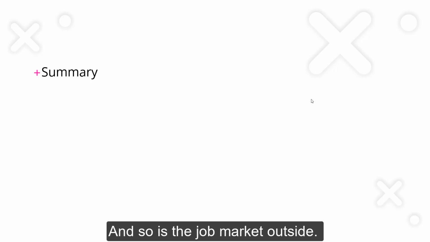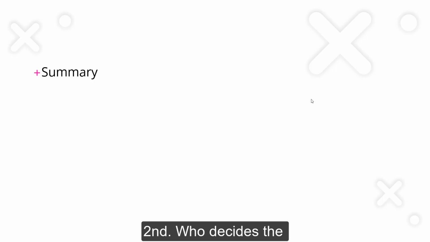And so is the job market outside in the world. So yes, you should be professionally capable of running a project in any methodology. But in reality, what happens is that you are perhaps highly skilled in one methodology and rusty in others. And this is perfectly normal. This course will cover all the life cycles mentioned in this lesson. So you will be able to polish all your skills.